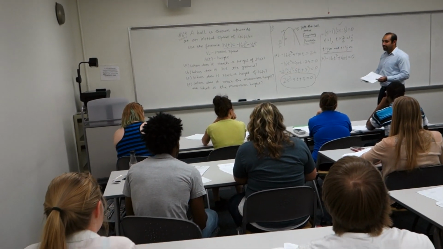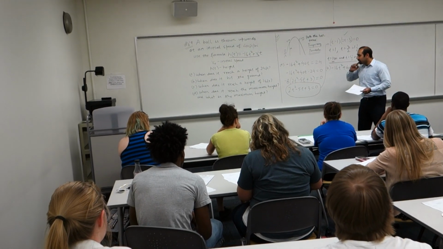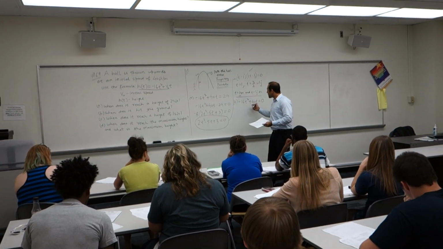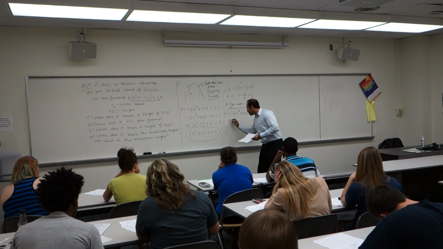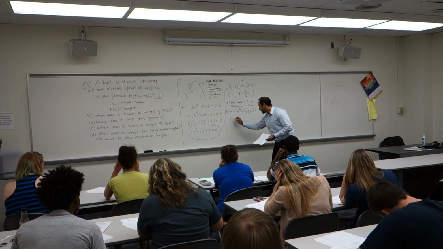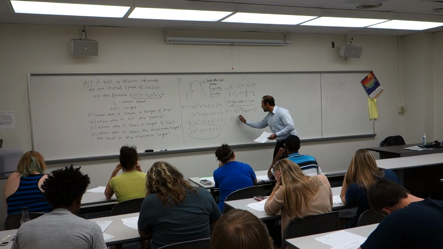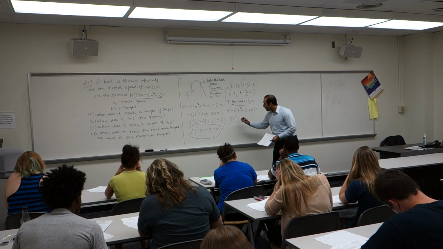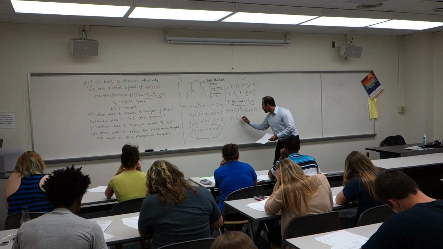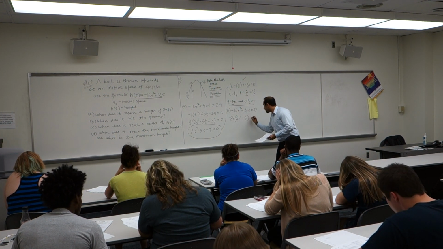Take out negative 8t. Again, do the same thing. Take out the greatest common factor, and the greatest common factor here is negative 8, as well as t, because we have a t squared and a t. We do that, what is left inside? 2t minus 5.